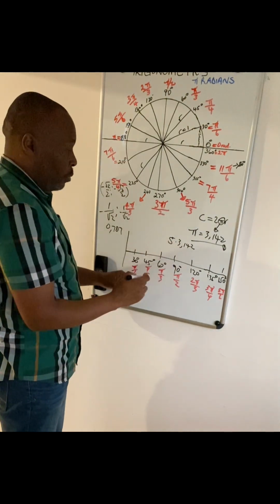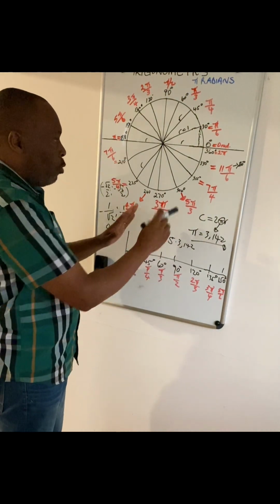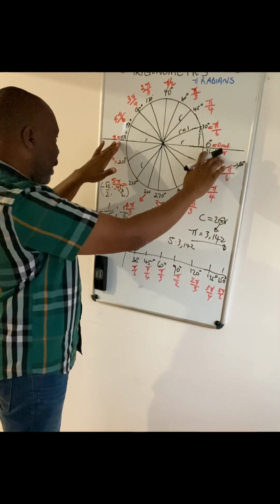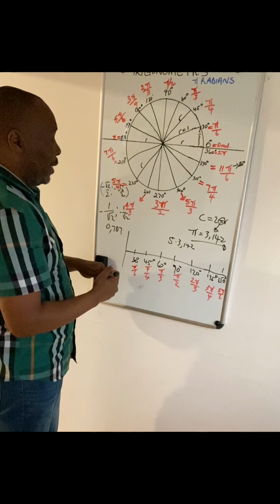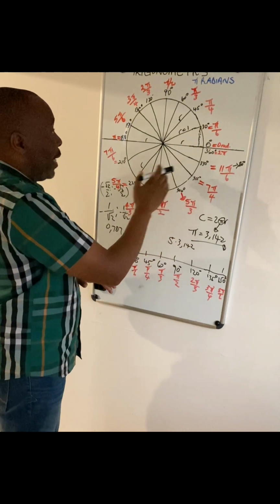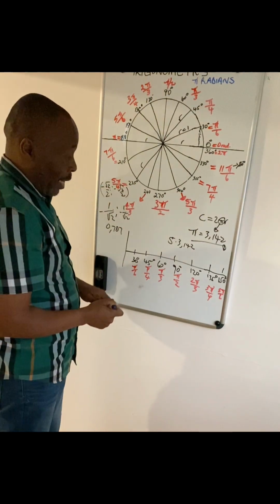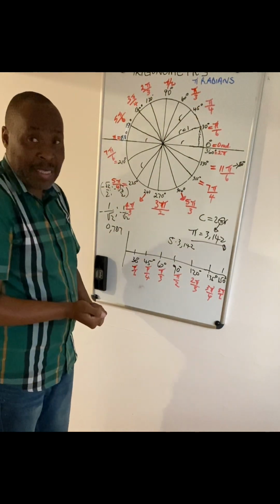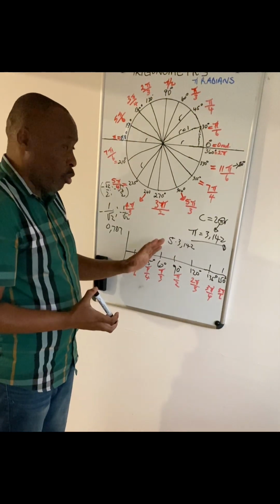The other video demonstrates how 2 pi is equal to 360 and pi is equal to 180, and then we took it from there and moved on to find these other angles, but in radian terms now, not in degrees. Hope it makes sense, guys. Hope you are understanding it. Don't confuse the two.